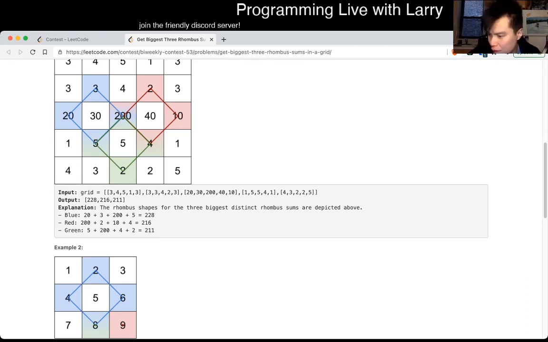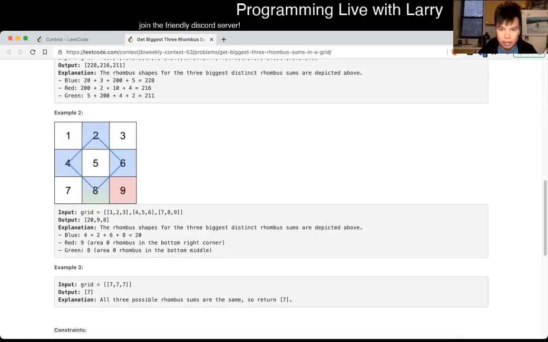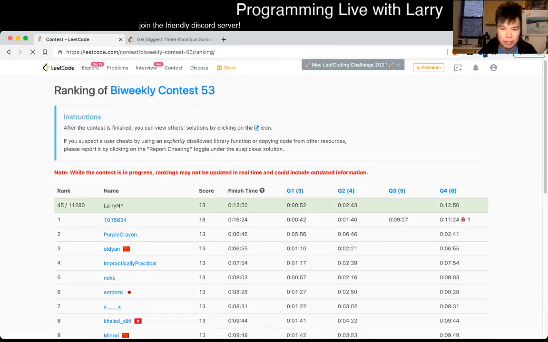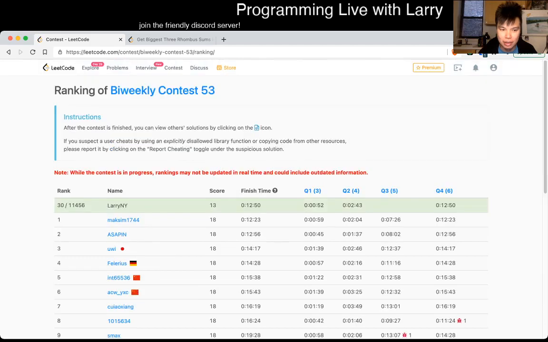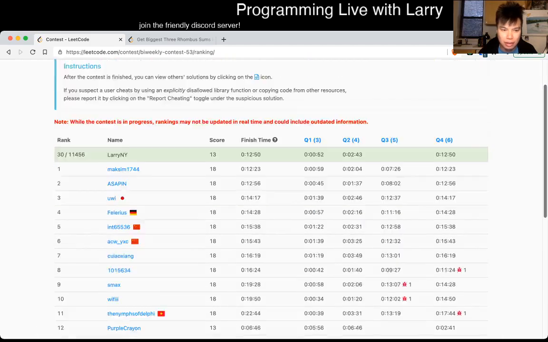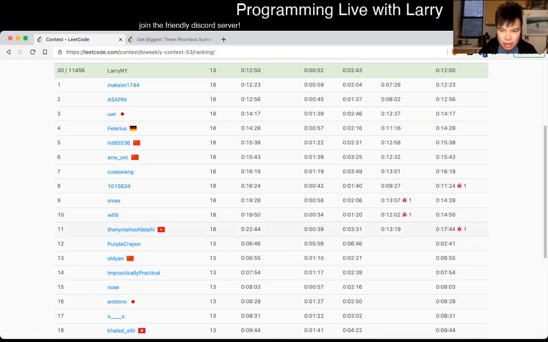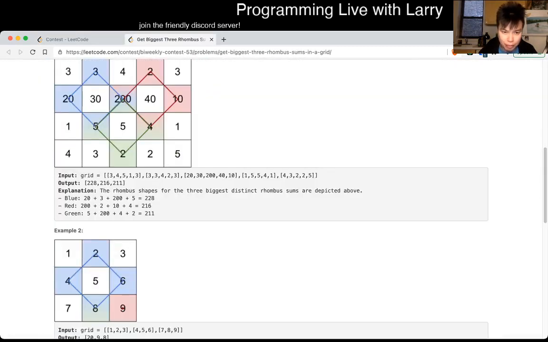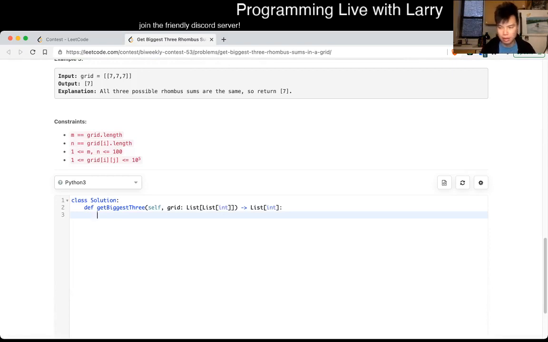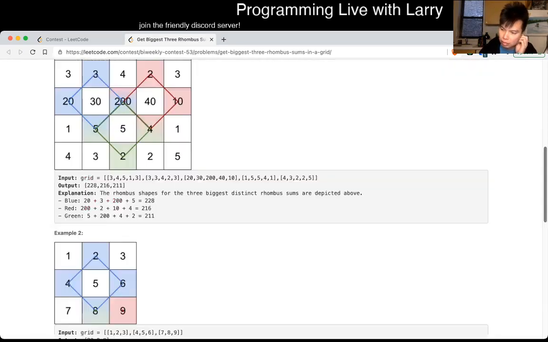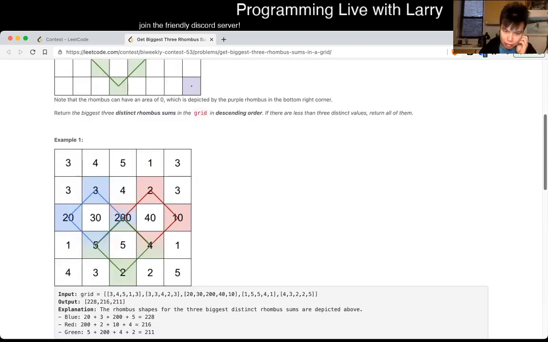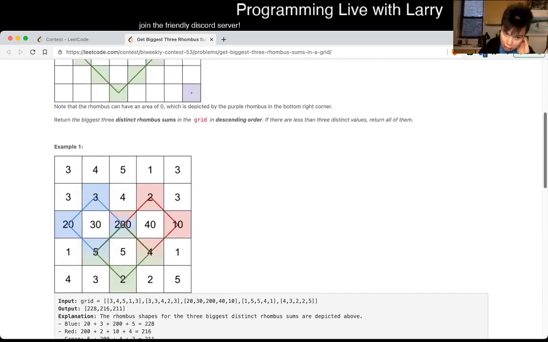If this was a square or a rectangular thing, actually I think I know how to do it, but I still know how to do this one, it's just very tricky. How am I doing? Focus, Larry. Well done, people. But okay. How do I do the prefix sum by diagonals?